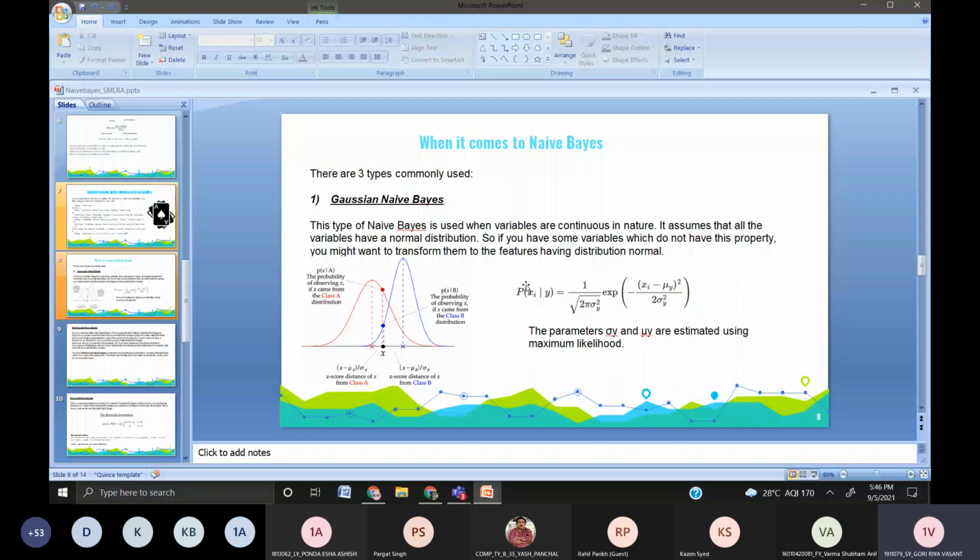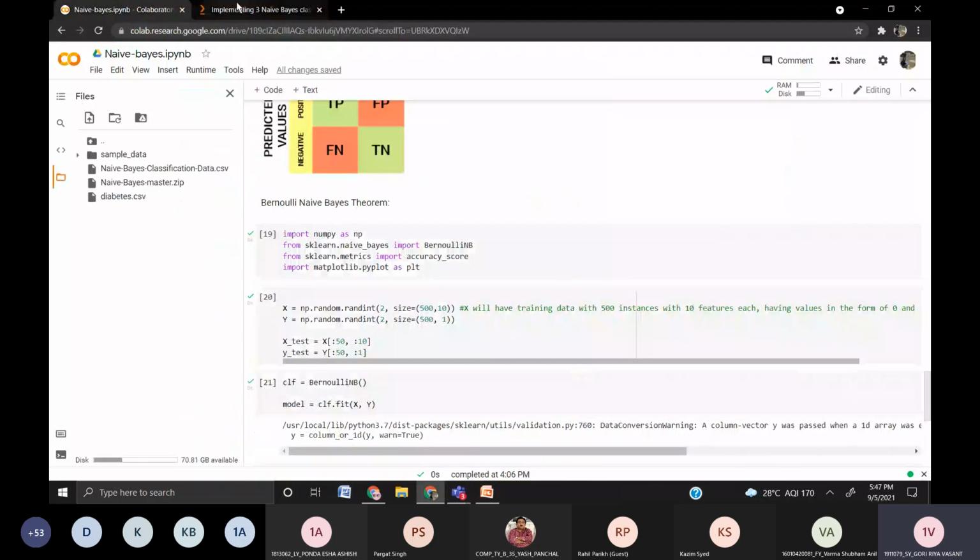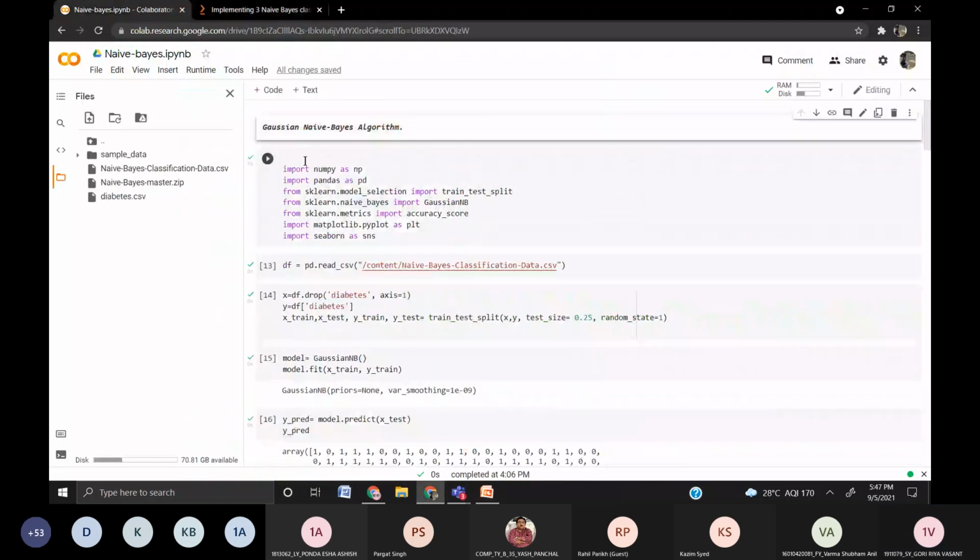So we use this formula for Gaussian naive Bayes. We'll use a very simple example for that, and this is how we implement the Gaussian naive Bayes. We import the basic libraries, that is NumPy, Pandas, sklearn, and Matplotlib.